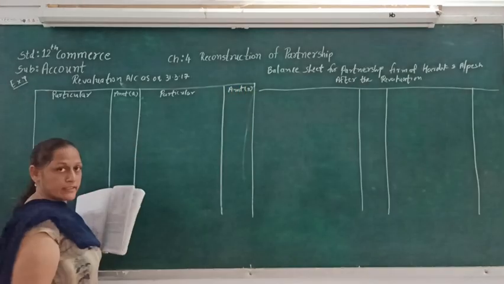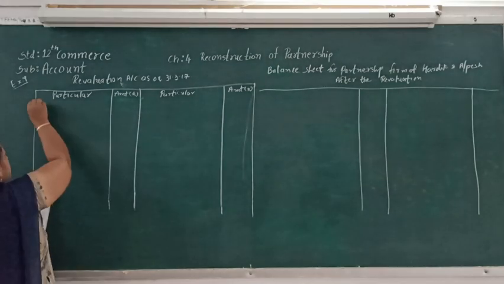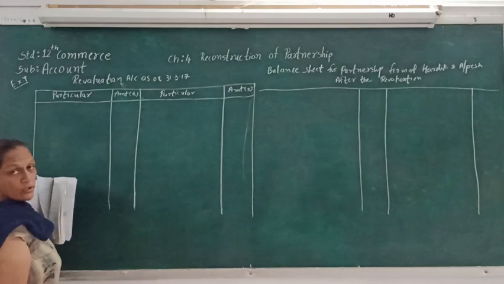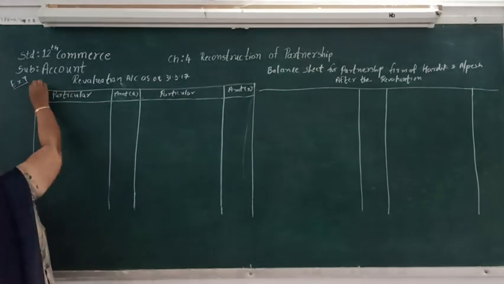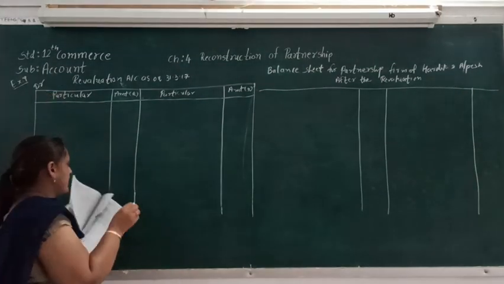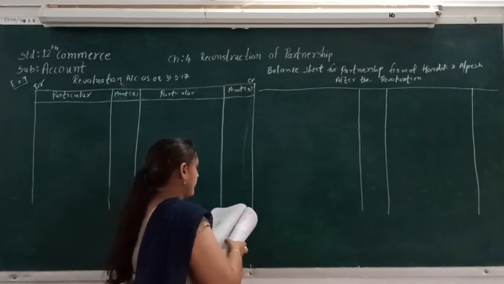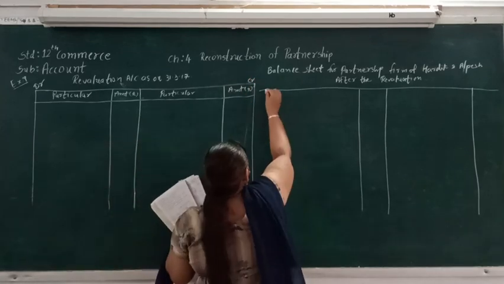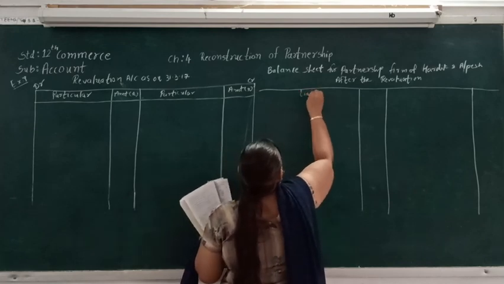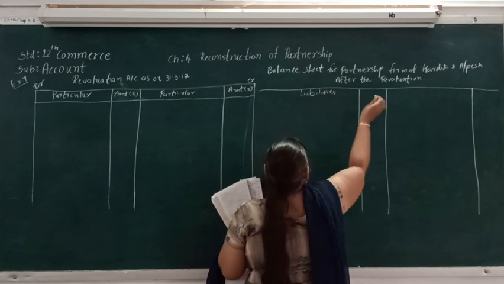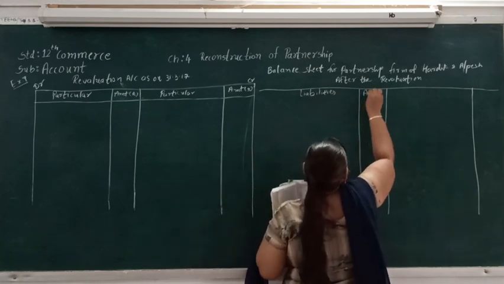As we know, the revaluation account is the same as a profit and loss account. So here we must write debit and credit. Here it is a balance sheet. As we know, a balance sheet has two sides, liabilities and assets.